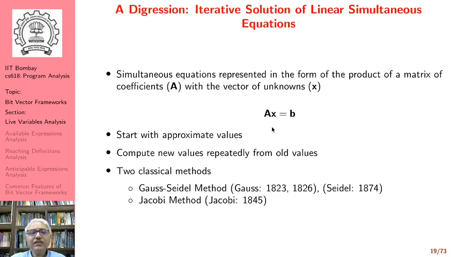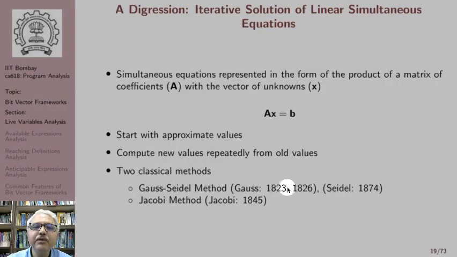There are two classical methods, and when I say classical, they are really old. One is the Gauss-Seidel method, which is attributed to Gauss and is said to be invented in 1823 and 1826. And Seidel seems to have simultaneously discovered the same method in 1874.